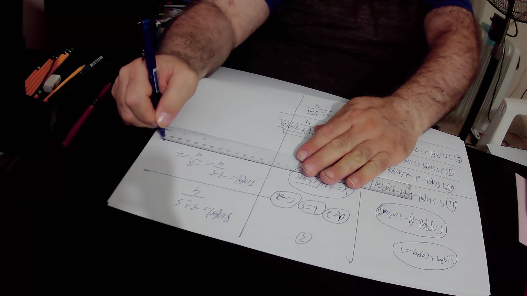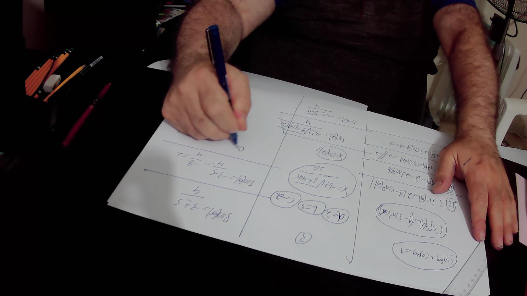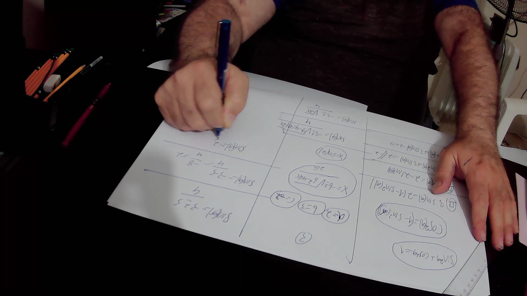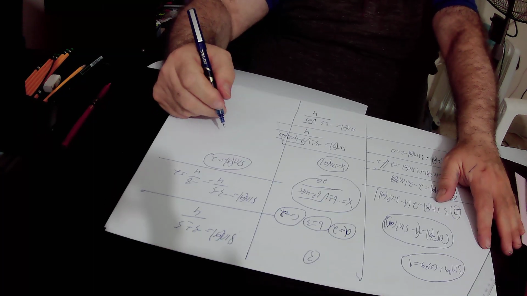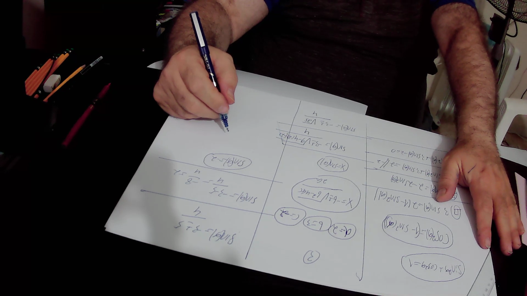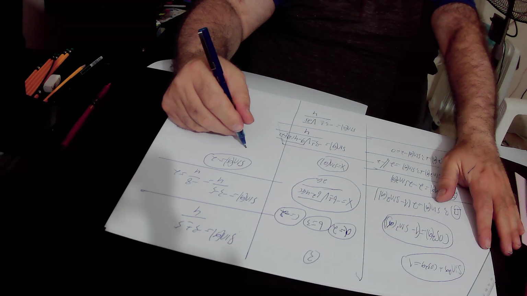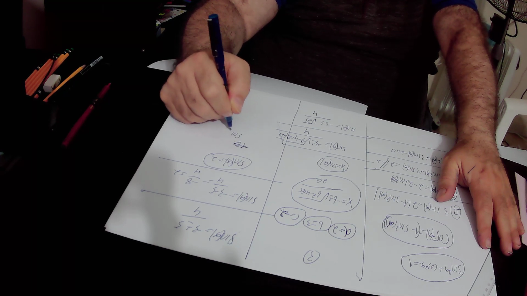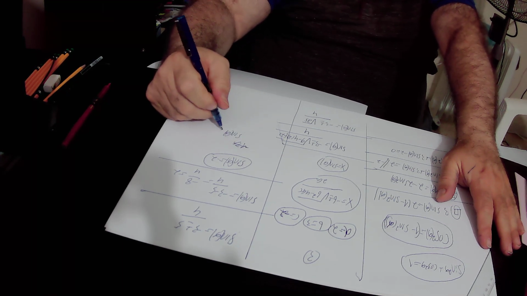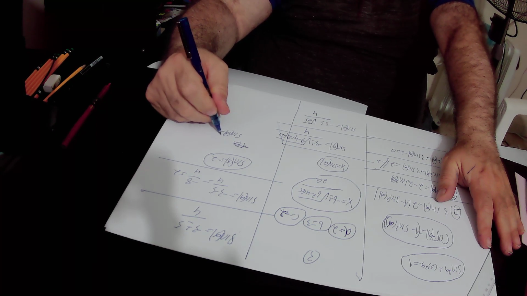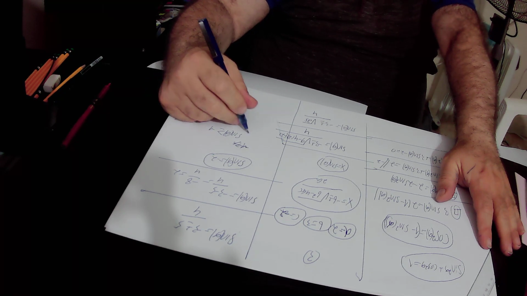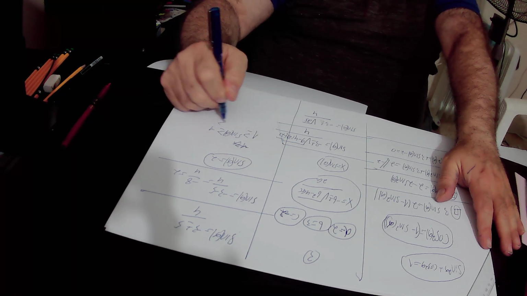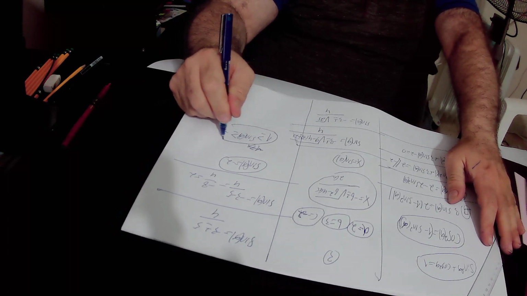So according to the first solution, sine alpha equals minus 2, but the range of the values that sine alpha can accept is from minus 1 to plus 1, and minus 2 is not in this range.